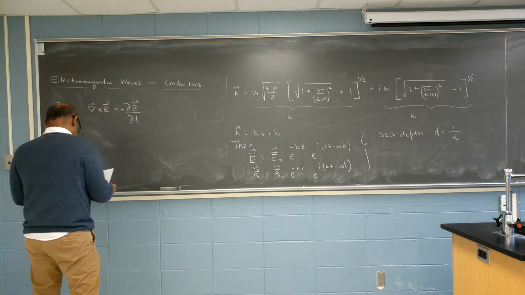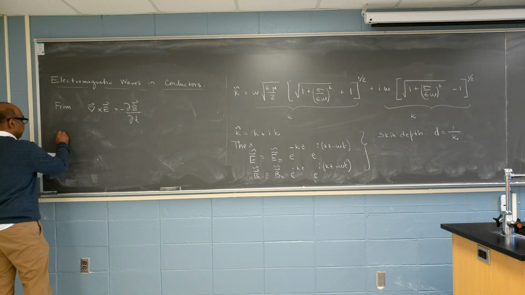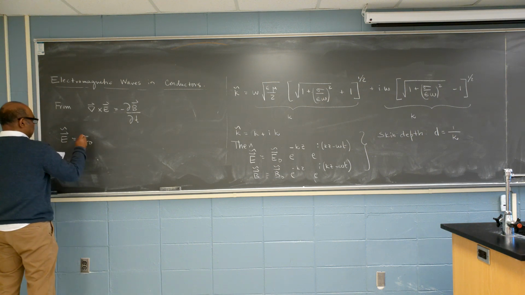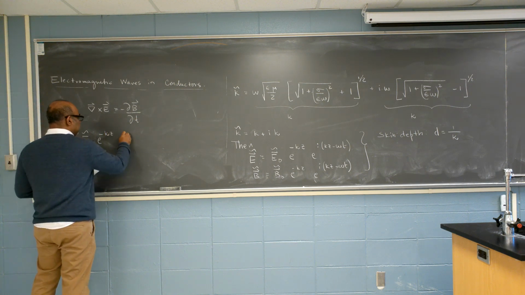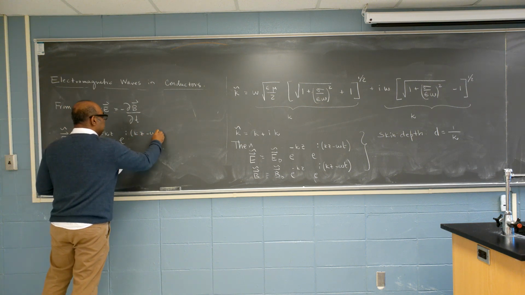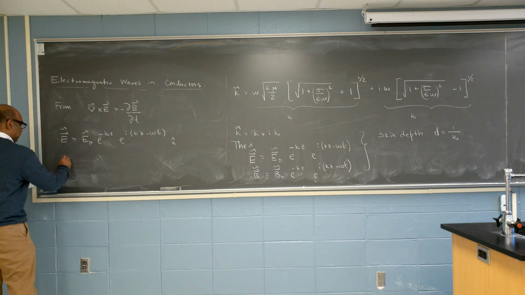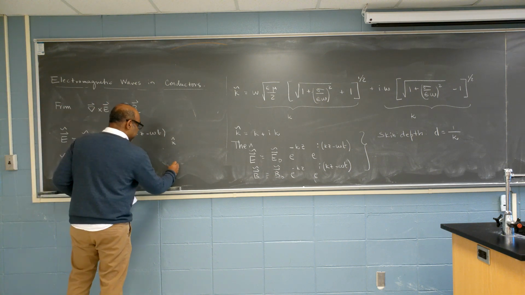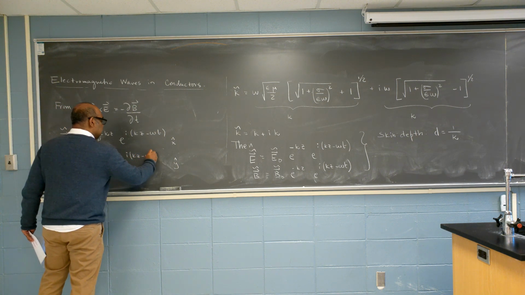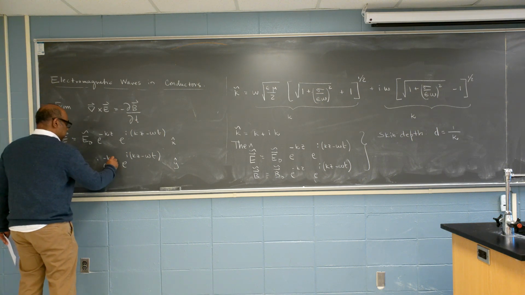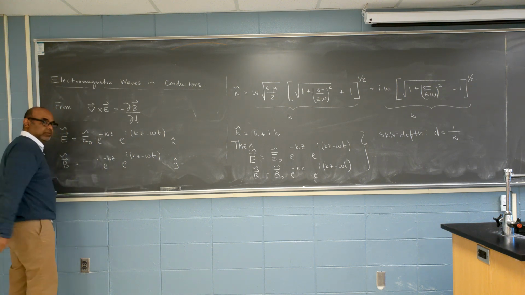It is easily shown that if you have E to be of this type, the usual complex, e to the minus kappa z, e to the i kz minus omega t in the x hat direction, then B, just like before, it's going to have the y hat direction, e to the i kz minus omega t, e to the minus kappa z.